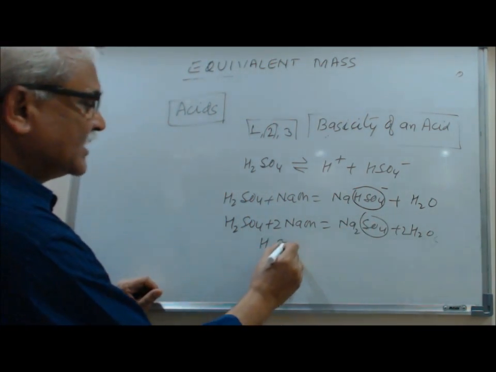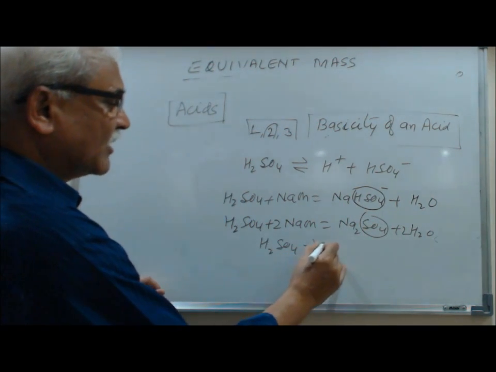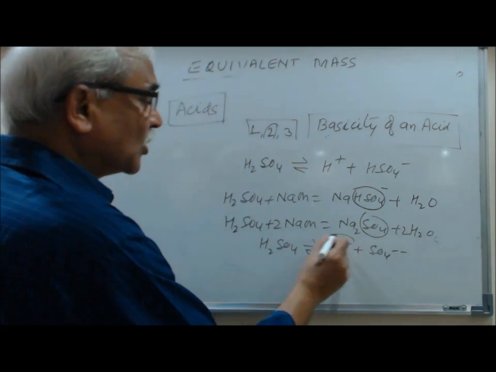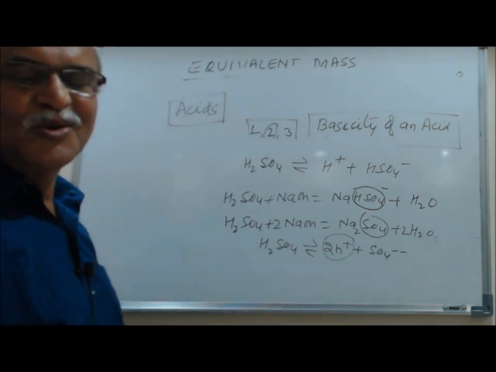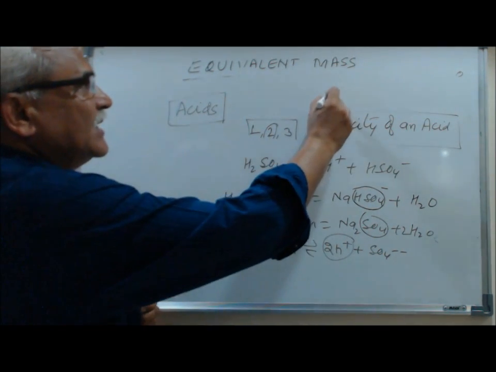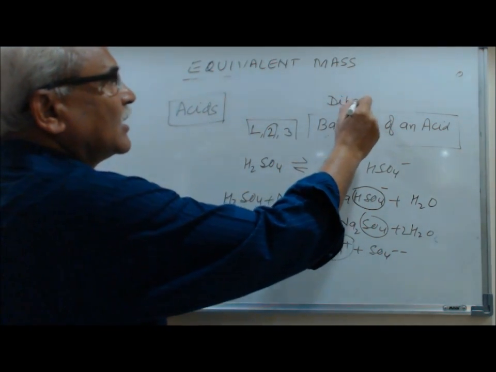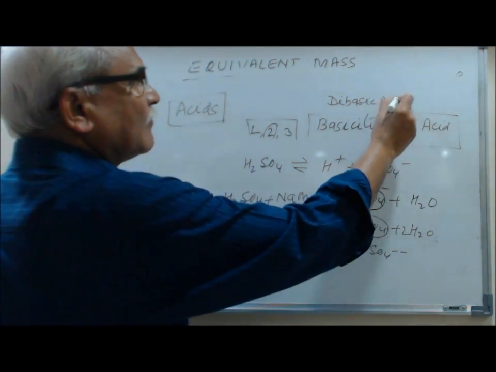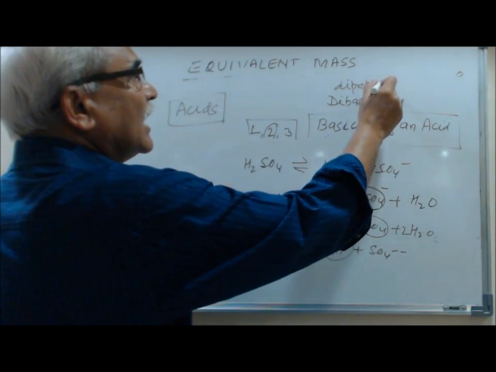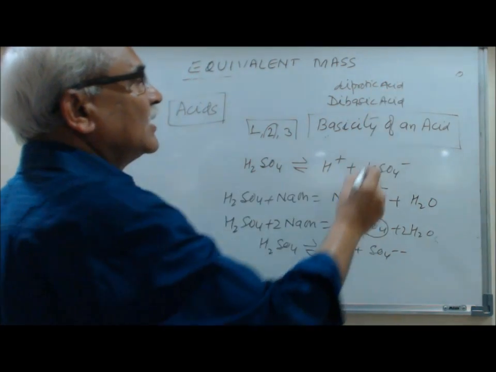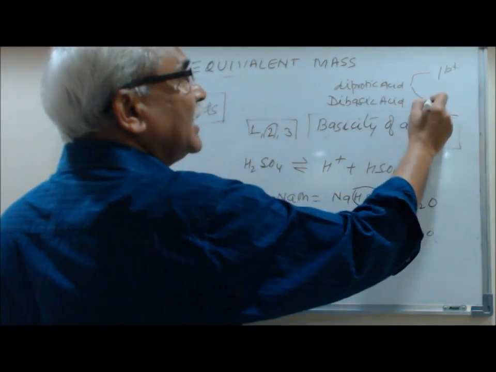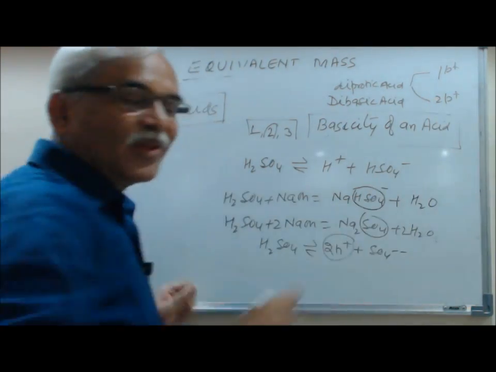When does sulfuric acid dissociate to give sulfate? When it is liberating 2 protons. So a dibasic or a diprotic acid can liberate 1 proton also, can liberate 2 protons also.